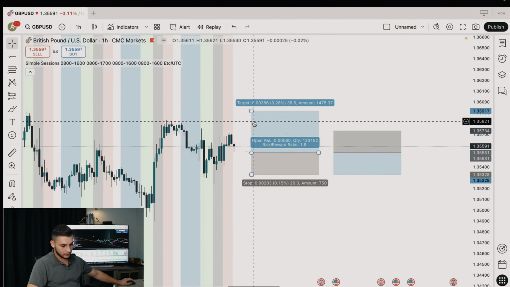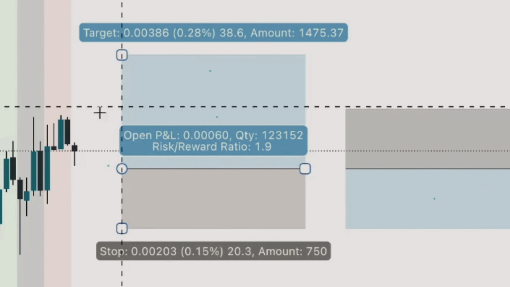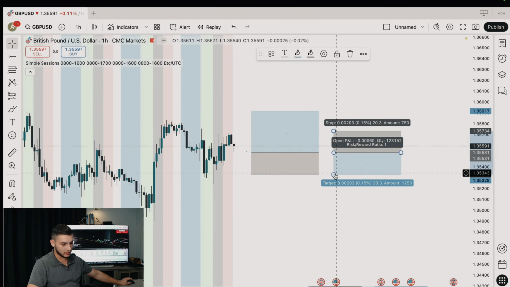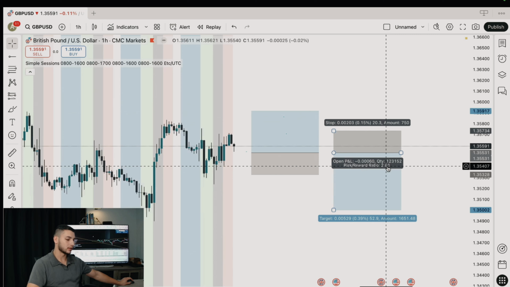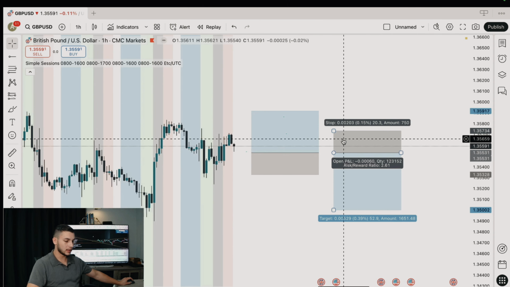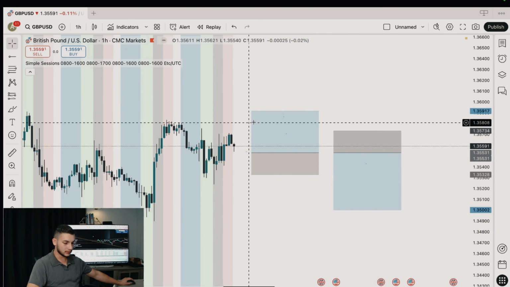If you want to go long, it means that you have this long position here. If you want to go short, it means that you have this short position here. The risk to reward ratio is here in the middle, and then the stop loss and take profit.